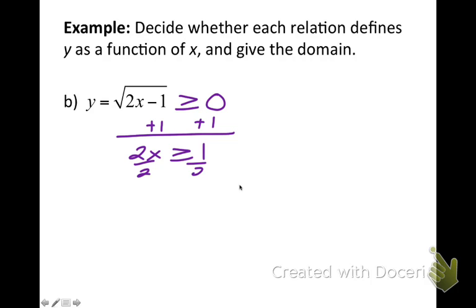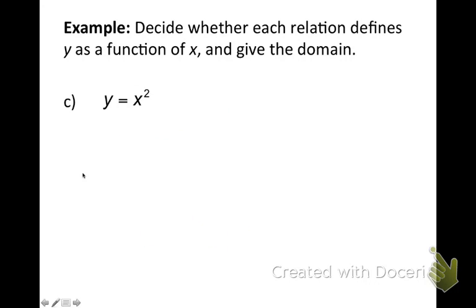Dividing by 2 gets me x is greater than or equal to 1/2. So how do I write that in interval notation? Good. So there would be my domain. So my domain is bracket 1/2 to positive infinity.